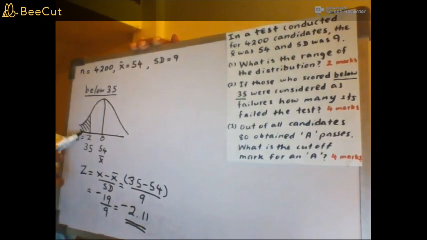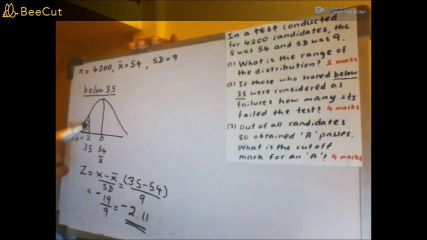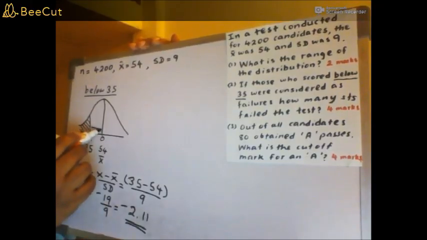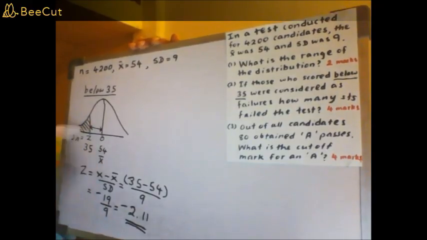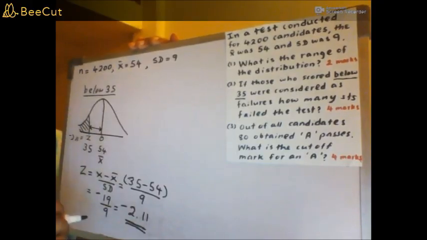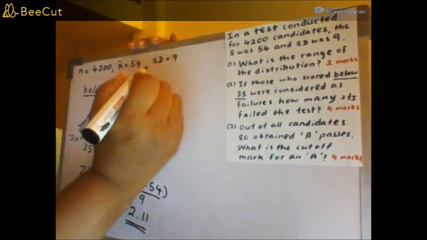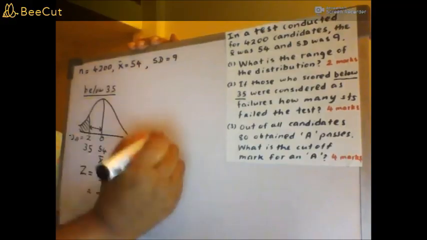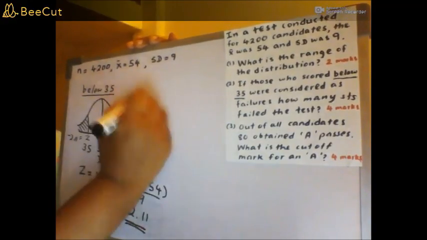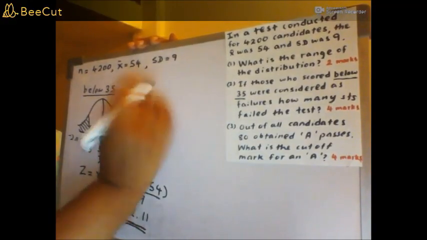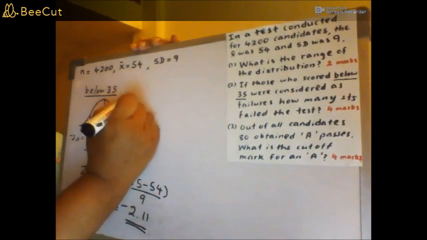Now you know the Z. Then what can you do? We have to find the probability of this area. So you know Z. That means you can find the probability of this area. We'll have to find that. So we'll write it here.